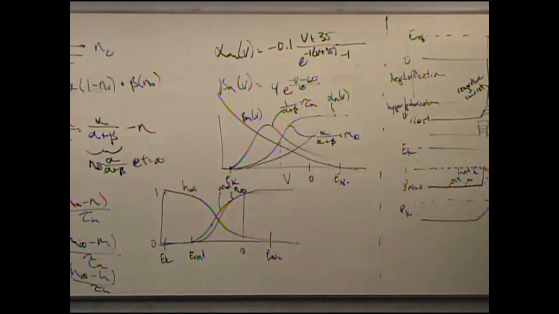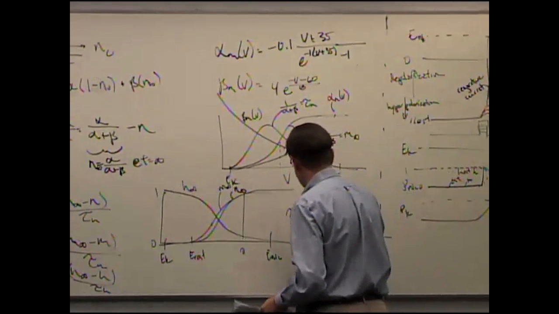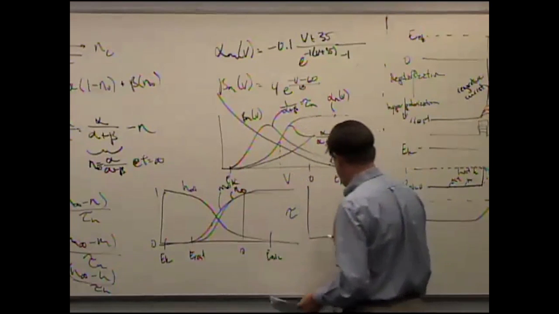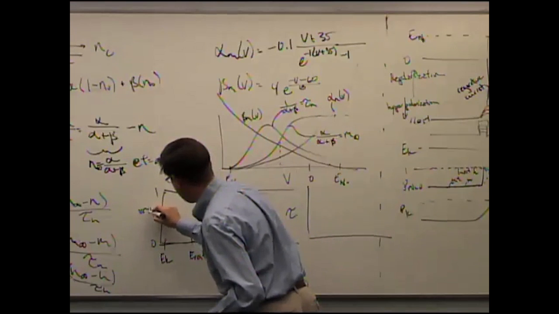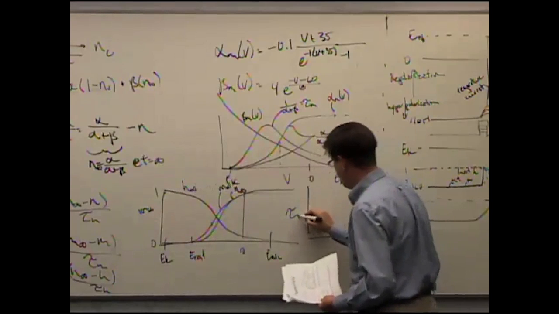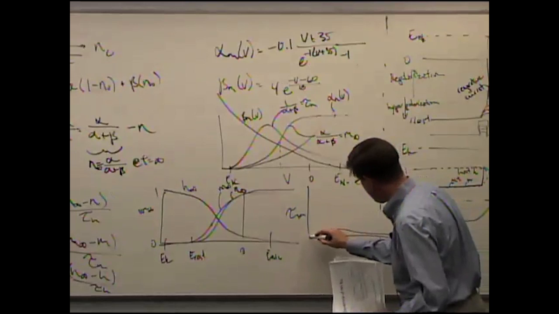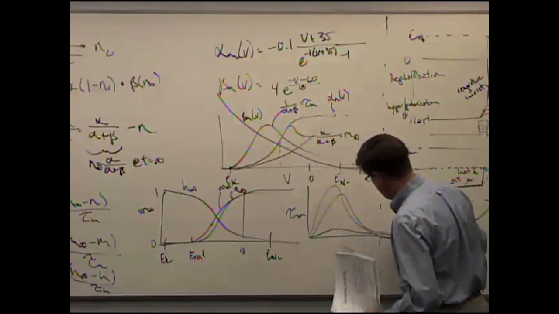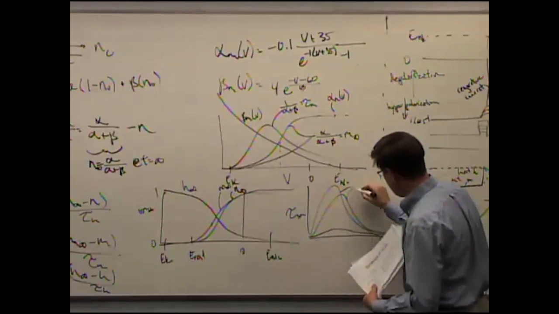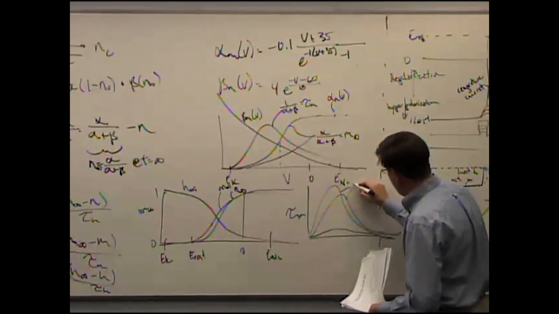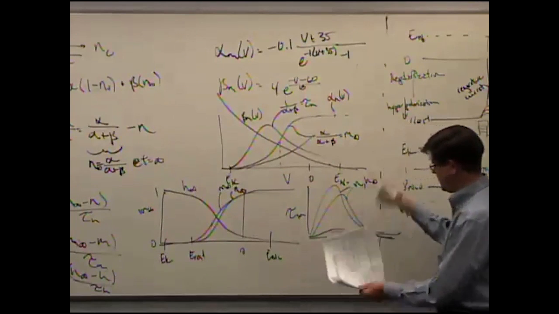That make sense? And if we plot the taus, this is the time constant as a function of voltage. This is the ion infinity, and this is tau of the ion. We'll find that the time constants of the h and n look similar.